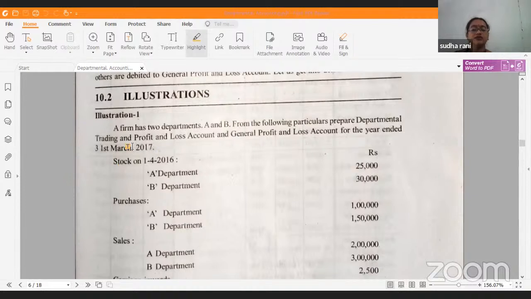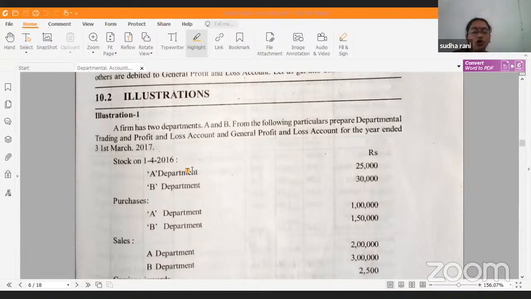So look at this question. A firm has two departments, A and B, and the expenses of each department are given, and you are asked to prepare the trading account and the general profit and loss account. The general profit and loss account is prepared in order to find the performance of the entire showroom or entire business, combining the values of all the departments.